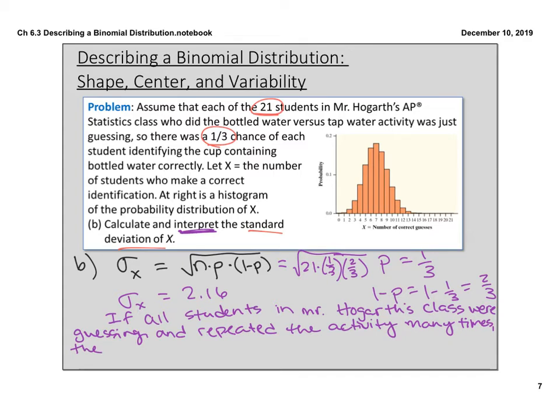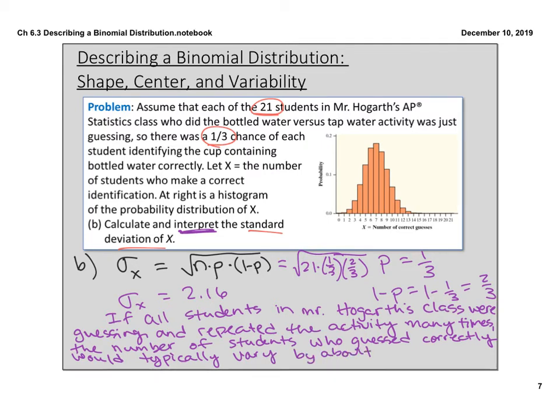Now we're talking about the variability. The number of students who guessed correctly would typically vary by about 2.16, but you're not finished, with a mean of 7.